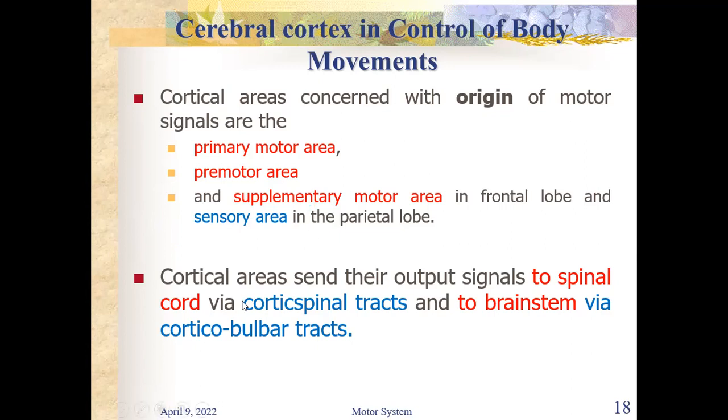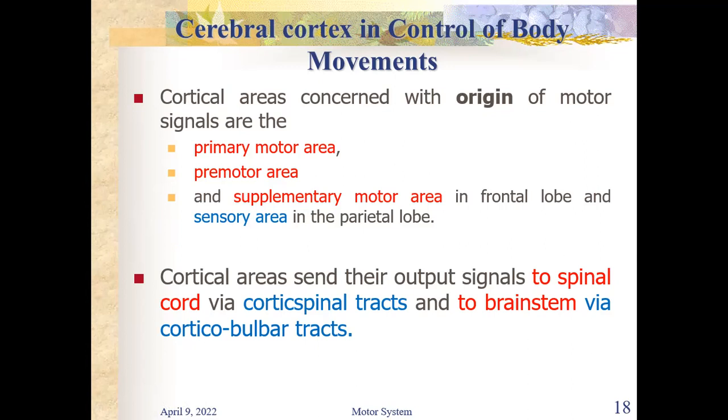Okay, so cortical areas that, like we have seen above, send their output signals. That is the primary motor area, premotor and supplementary motor area, and the sensory area send their signals via the descending tracts. Might be the direct or indirect. Let's say the direct motor tracts via the corticospinal tract to the brainstem.